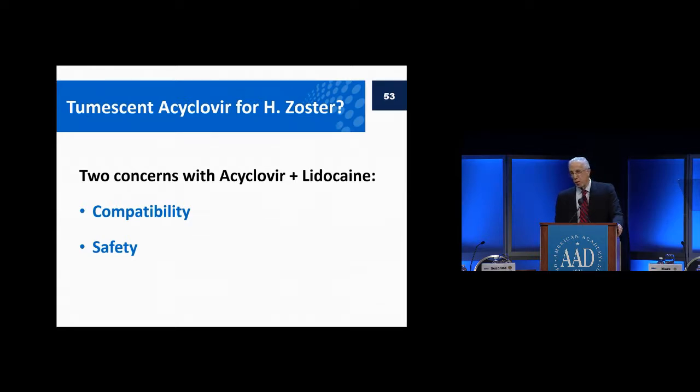But no one has ever used or delivered acyclovir subcutaneously, and I thought that might be something worth looking at.